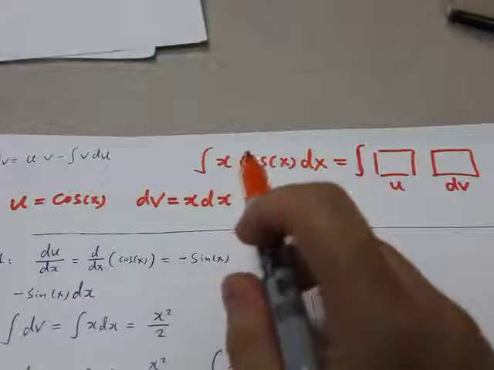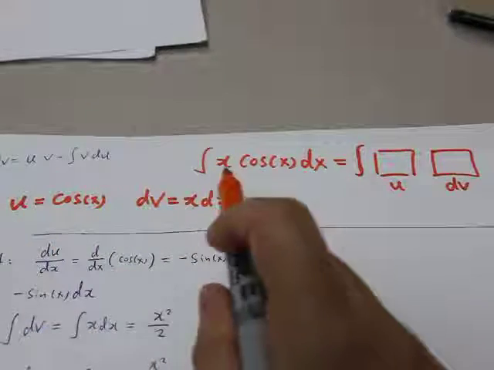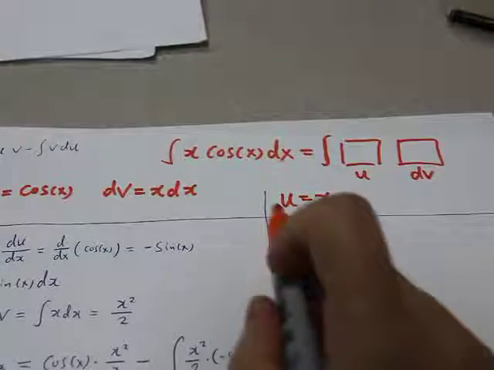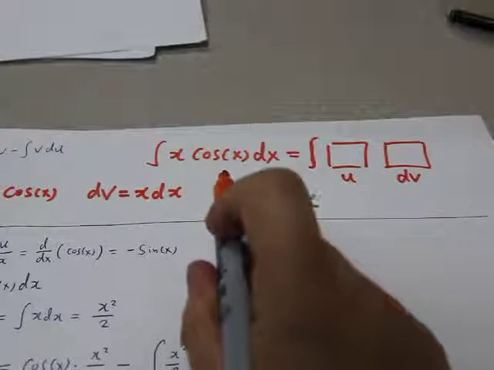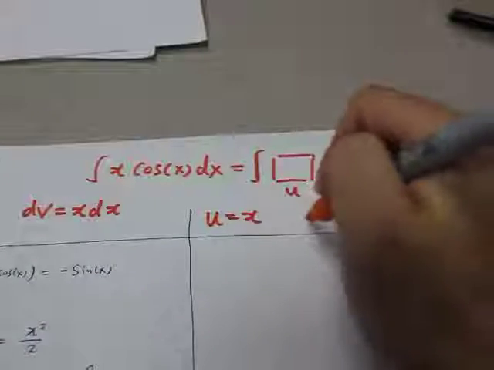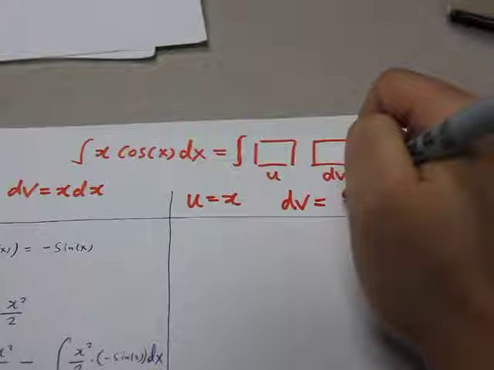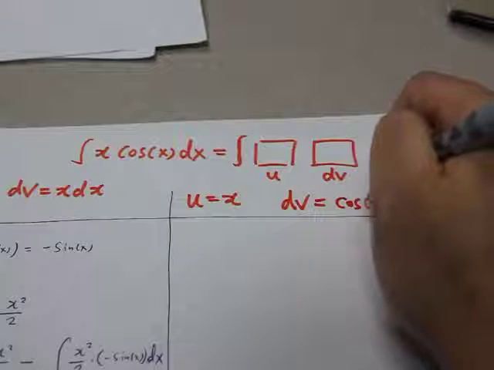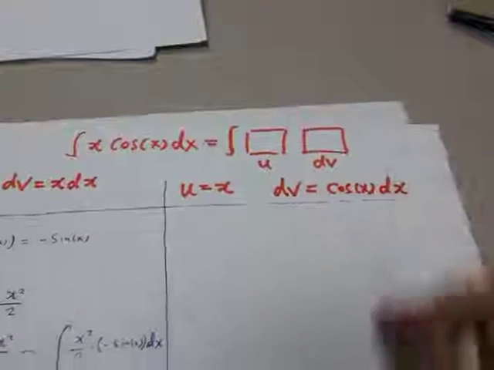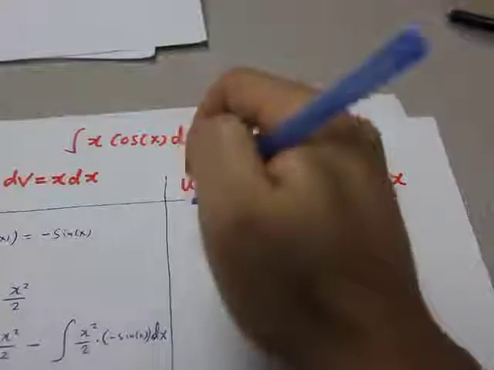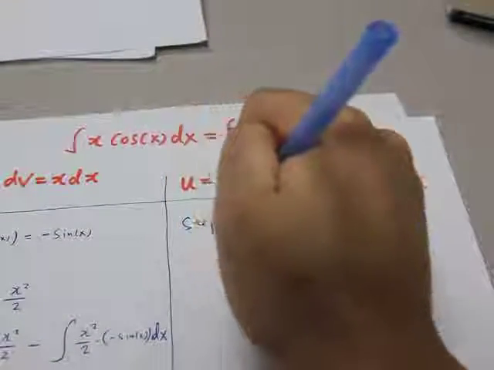What if I let u be x? So u of x equals x, and therefore dv is going to be cosine x dx. Okay, let's try this way. So it's the first step.